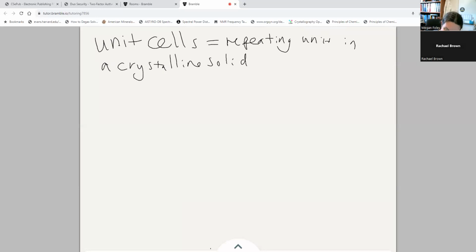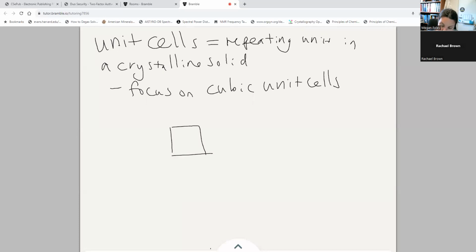We are going to focus on cubic unit cells. Even though there's 5 total unit cell shapes, we're going to focus on the cubic ones. Cubic ones are exactly what it sounds like. It's a cube, right? So we've got a cube.